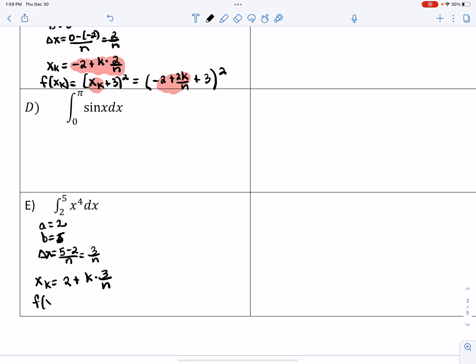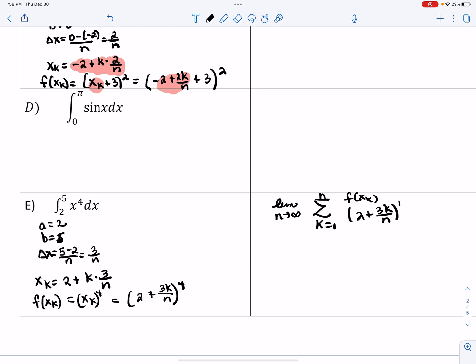So f of x sub k is x sub k to the fourth, which would give us this expression to the fourth. And the limit of the Riemann sum would be the limit as n increases without bound of the summation from k equals 1 to n of f of x sub k, which is 2 plus 3k over n to the fourth, times delta x, which in this case is 3 over n.